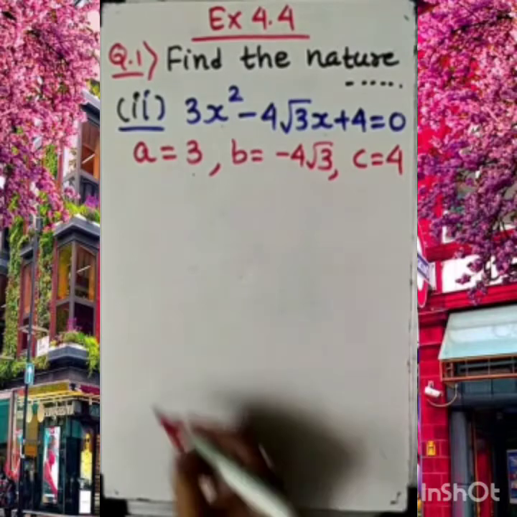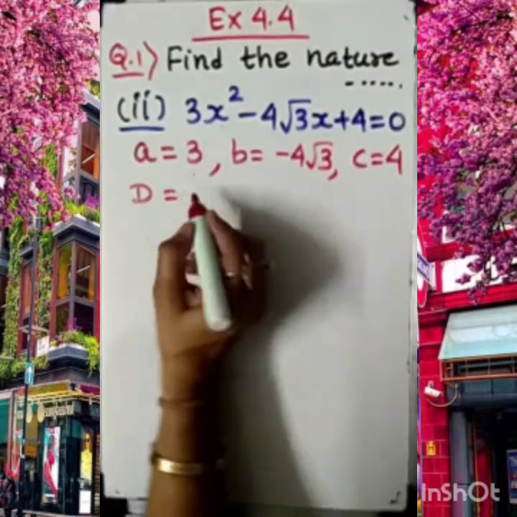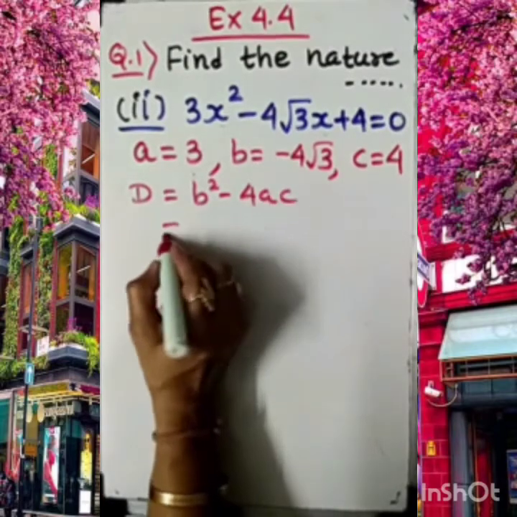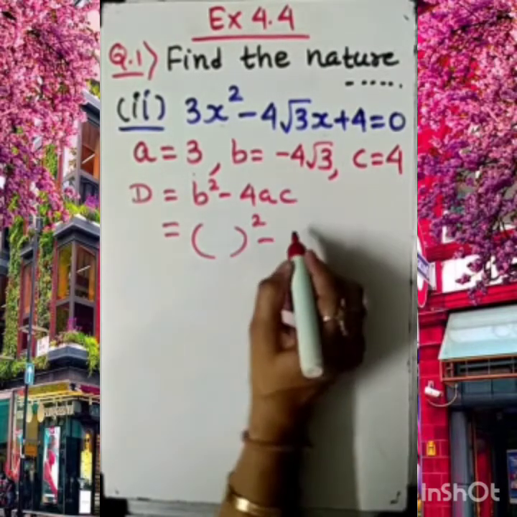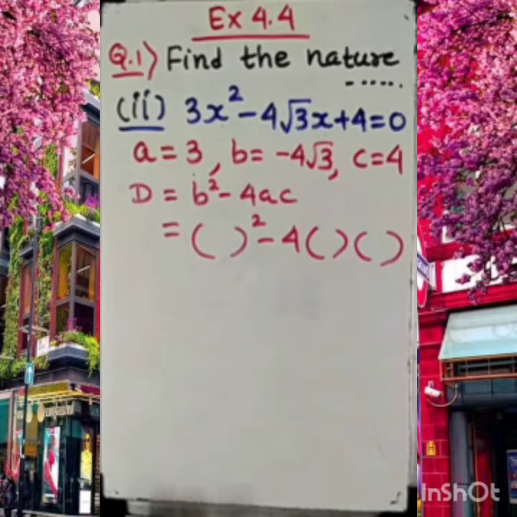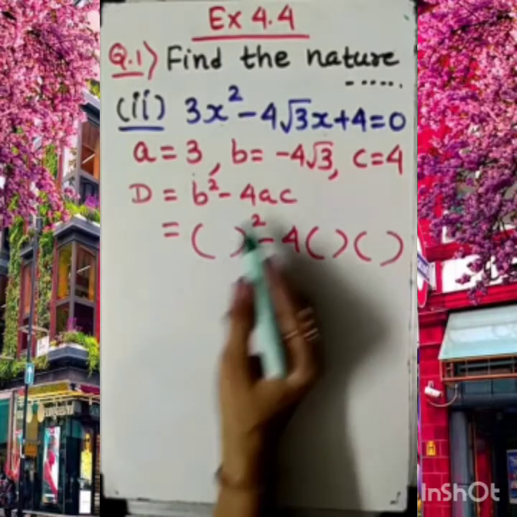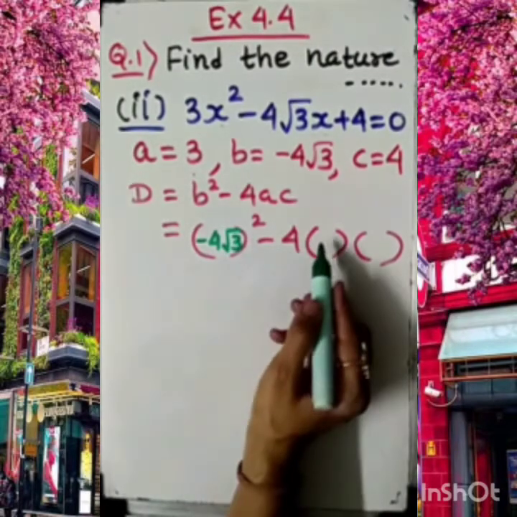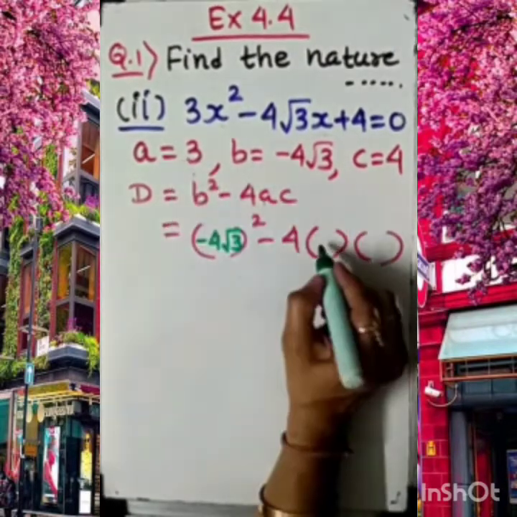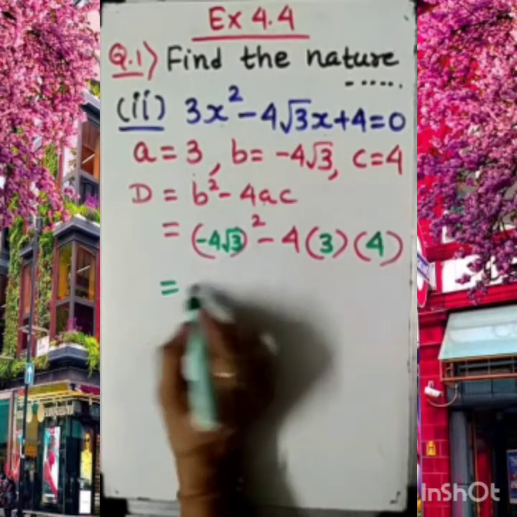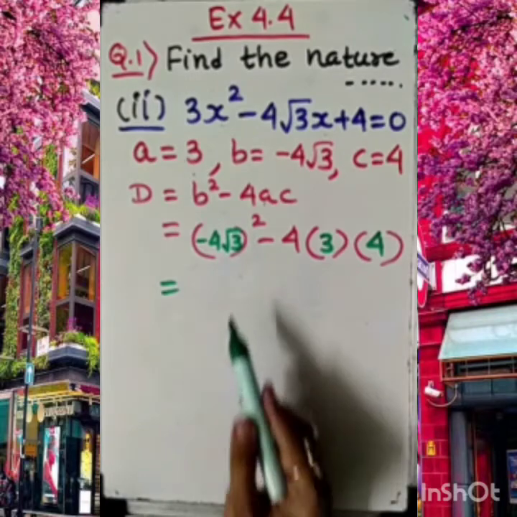Now let's work out the discriminant, b² − 4ac. In this formula, I am inserting the values of a, b, c. b is −4√3, a is 3, c is 4. Now how to find the square of this?